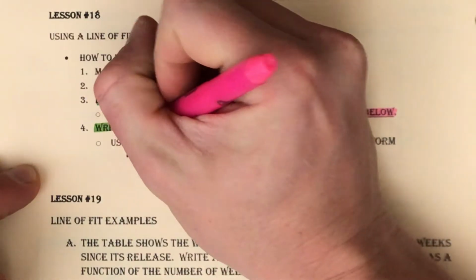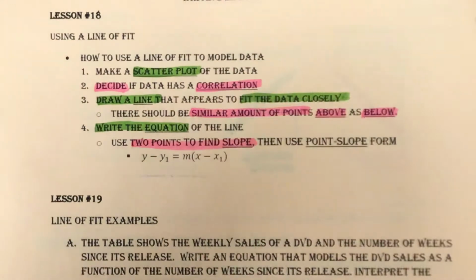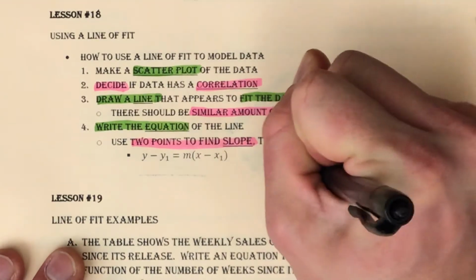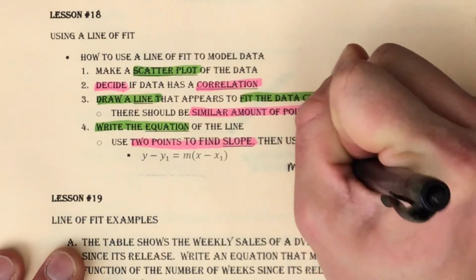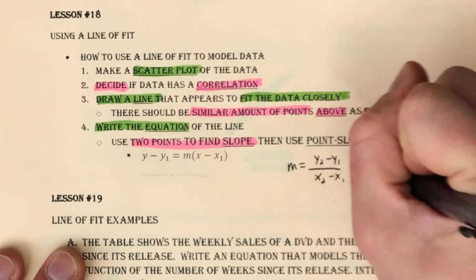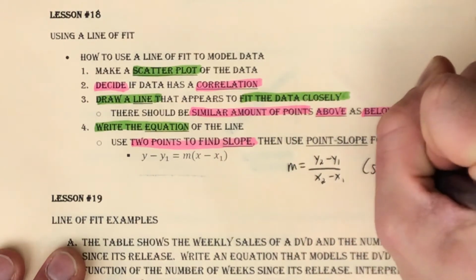In order to do that, we need to use the slope formula, which, reminder, is m equals y2 minus y1 over x2 minus x1. That's our slope formula, and we use that to find the slope.